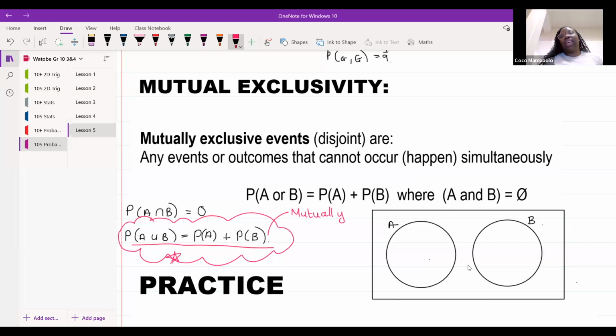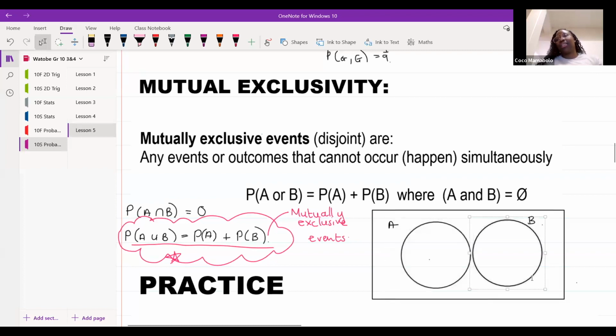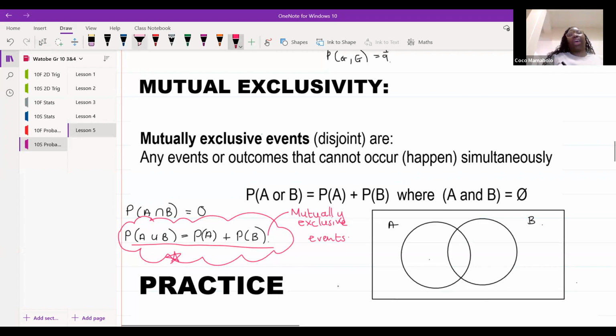And I'm going to explain as we go. Now, let's say, for instance, these two actually do intersect. If I had to use this particular formula for the probability of A union B, this is what's going to happen.